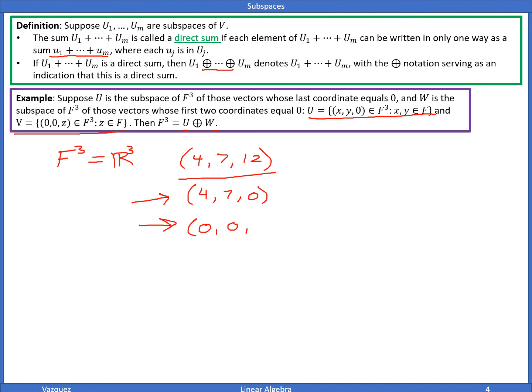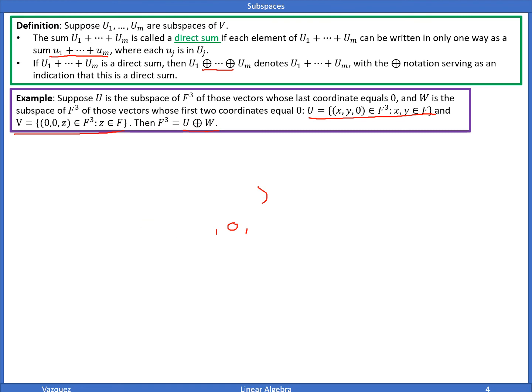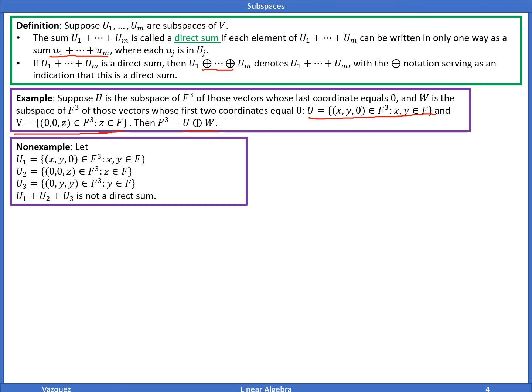Okay, so I'm going to erase this to make space. A non-example, just so we can see what isn't a direct sum, is if we let U1, U2, U3 be those sets that we see there.